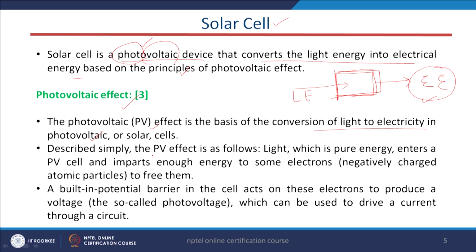Simply, this PV effect is as follows: light, which is pure energy, enters the PV cell and imparts enough energy to some electrons, which are negatively charged atomic particles, to make them free.